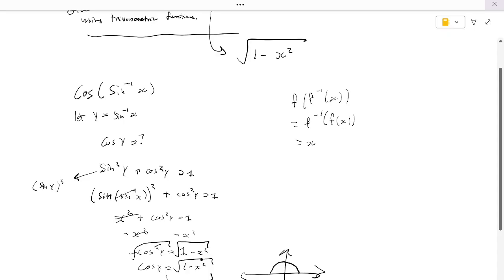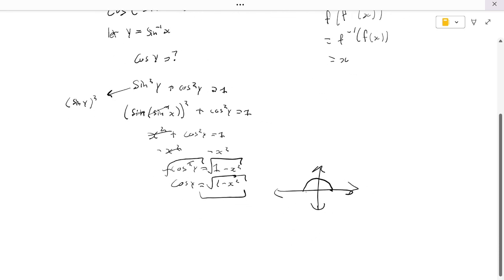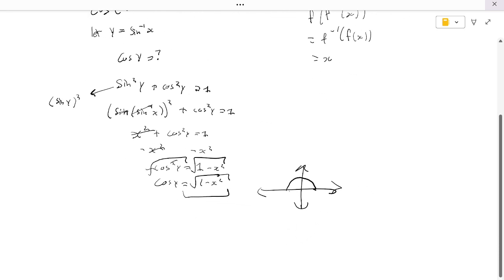I think that actually makes sense, because for sine inverse, the range is only from 0 to pi, it doesn't include any negatives in it, so that makes sense. Or no, sorry, sine inverse, the domain is only from -1 to 1. And then, yeah. Alright.